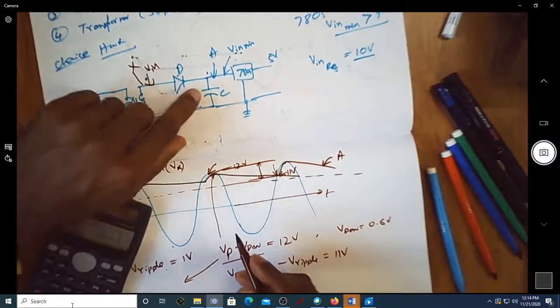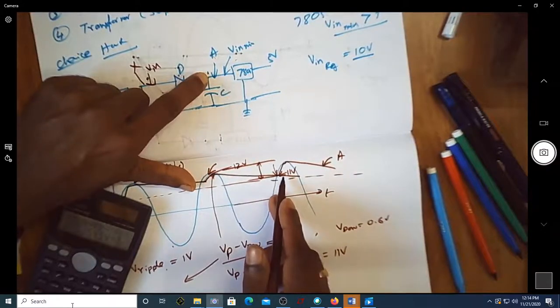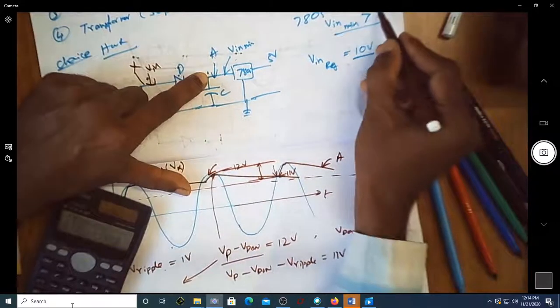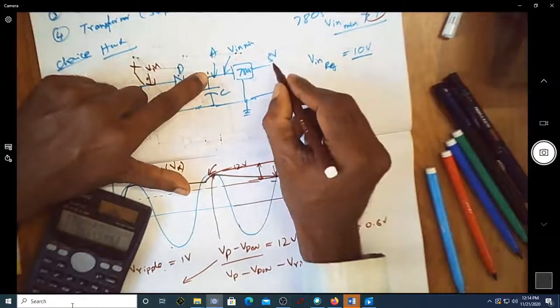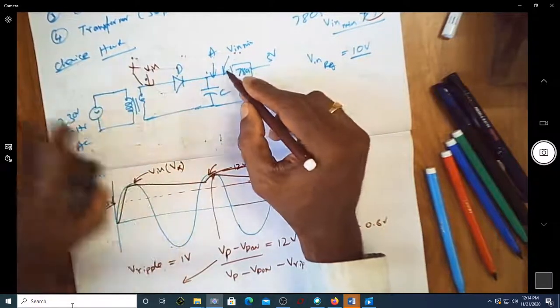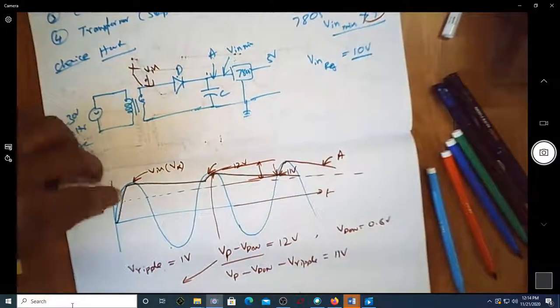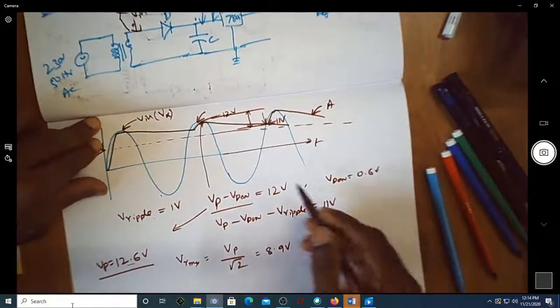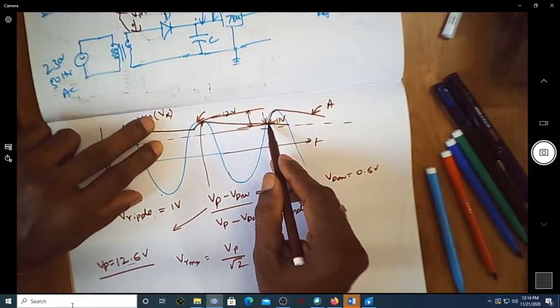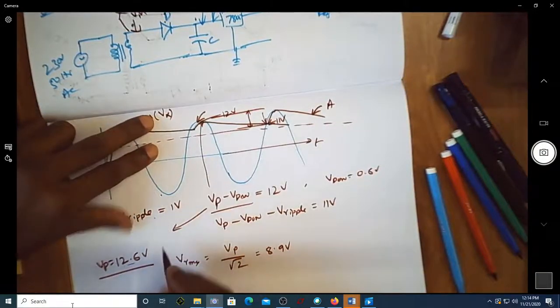You can see at any point of time the voltage never goes below 11, which is always more than 7 volt. So it's guaranteed that you will get an output voltage of 5 volt, because the input voltage is always more than 7, which is the minimum required. So to get this voltage at this point minimum as 11 volt, my V ripple should be 1 volt.